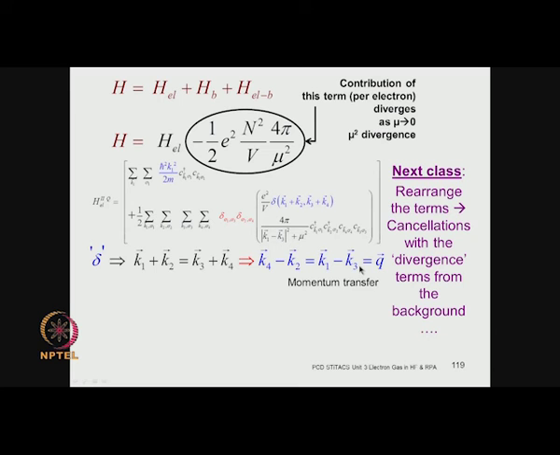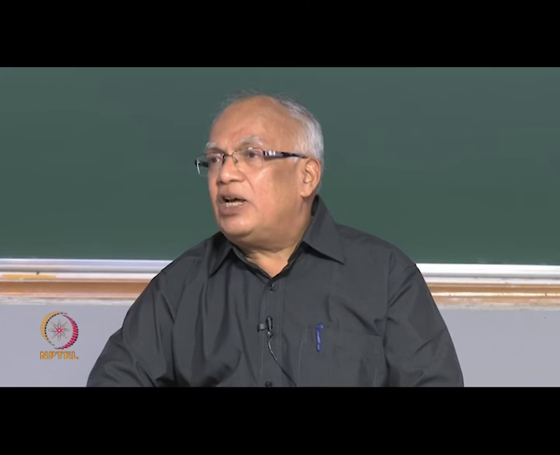So, what we will do in the next class is to rearrange these terms. We will analyze the terms for different values of q, which is the momentum transfer. What are the terms corresponding to zero momentum transfer, and what are the terms corresponding to non-zero momentum transfer? Obviously when k4 is equal to k2, k1 is equal to k3 and the momentum transferred is 0.